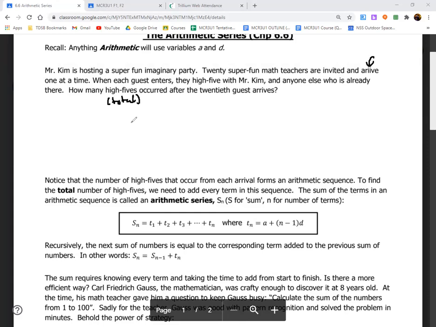So let's pretend this is me. I'm happy. That's Mr. Kim. And then the first guest arrives and they're like, yo, high five. With me so far? That's one high five. The second person arrives, term 2.